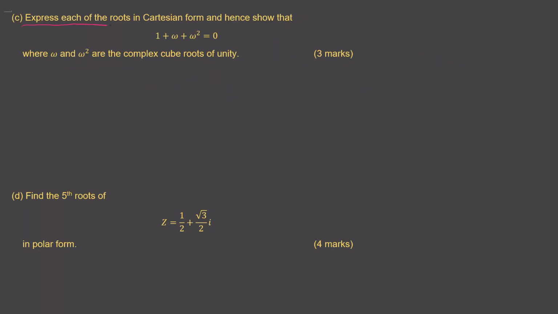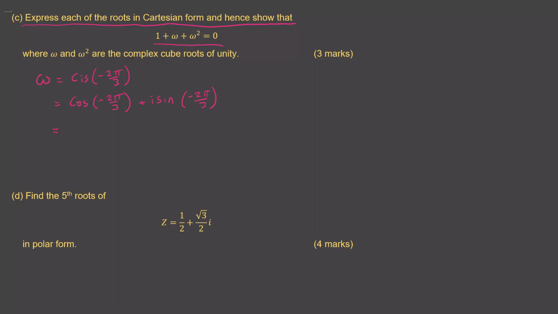So we want to express each of the roots in Cartesian form and hence show that 1 plus omega plus omega squared is 0. Now we know that our omega was cis negative 2 pi by 3. So we know that is cos negative 2 pi by 3 plus i sine negative 2 pi by 3.